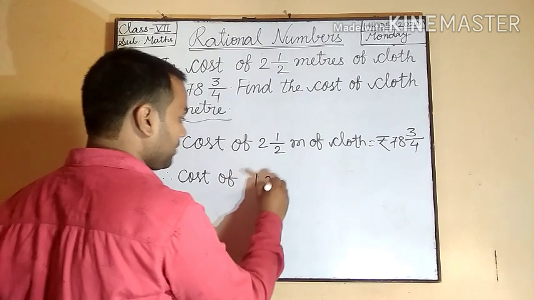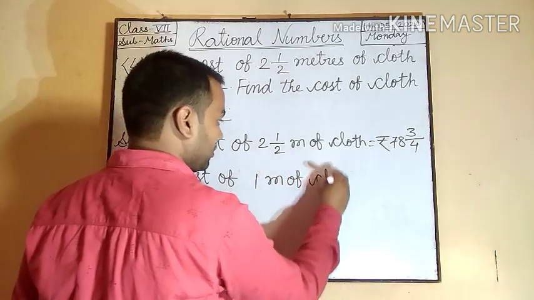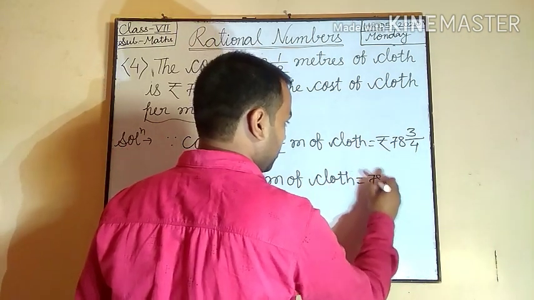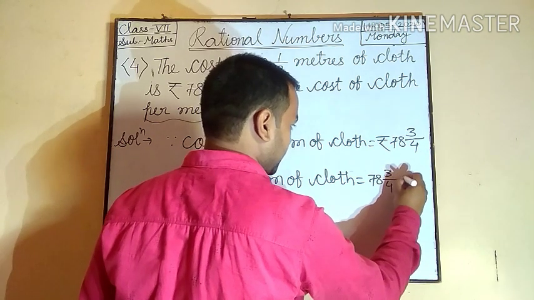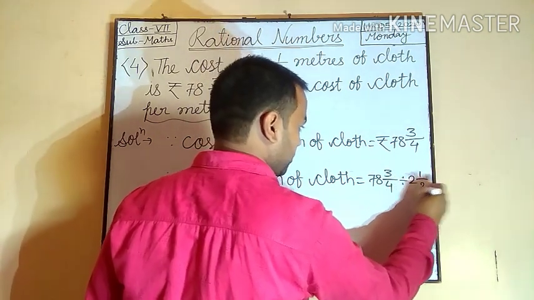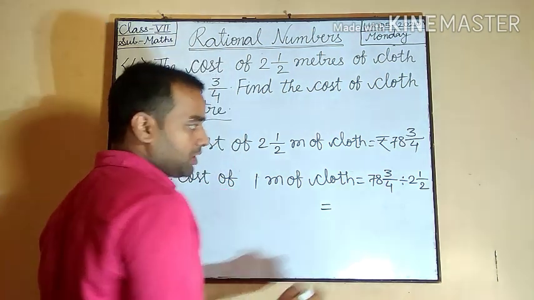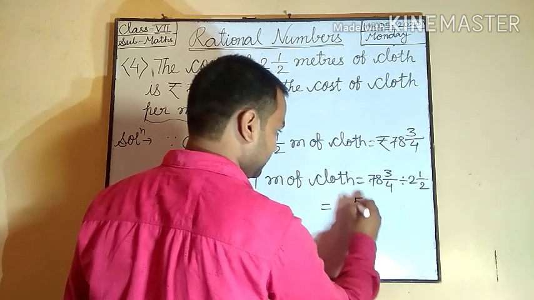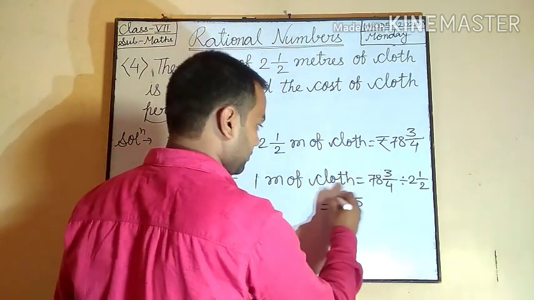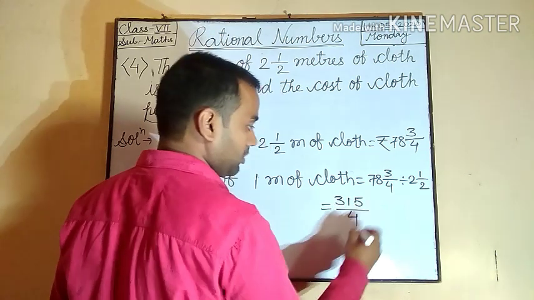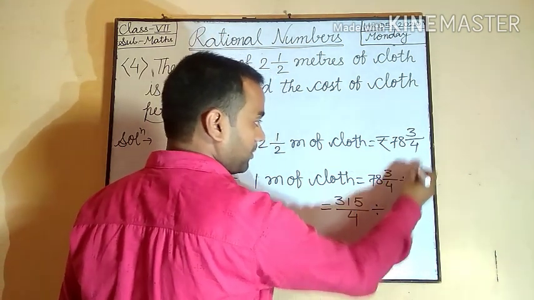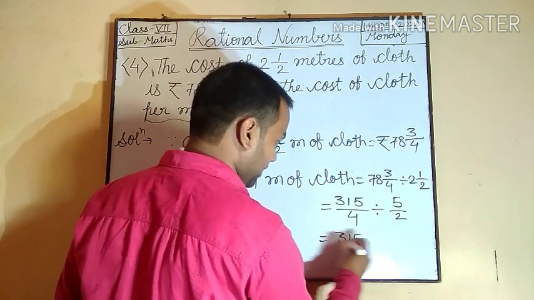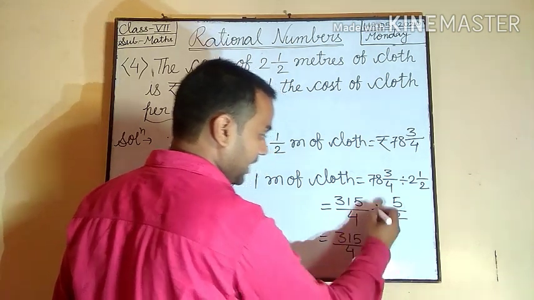The cost of 1 meter of cloth is equal to 78 whole 3 by 4 divided by 2 whole 1 by 2. First we multiply 78 into 4 plus 3, which gives 315 upon 4, divided by 2 into 2 plus 1, 5 by 2. 315 upon 4, here we write the multiply symbol.